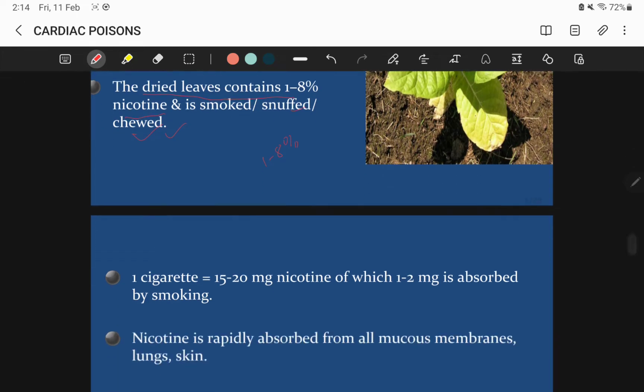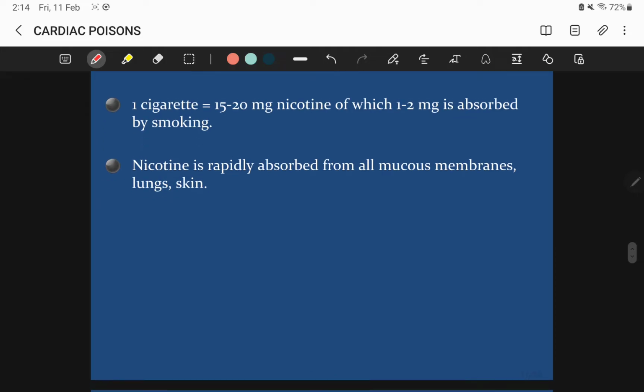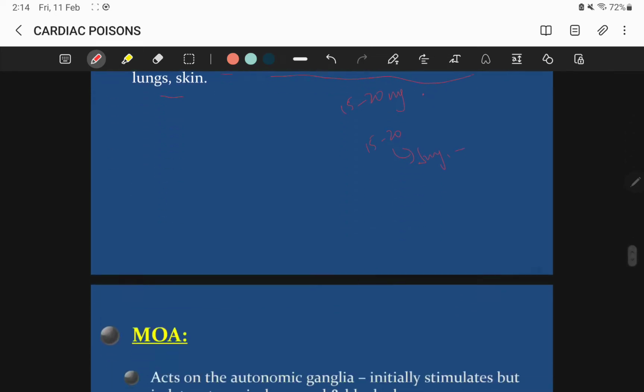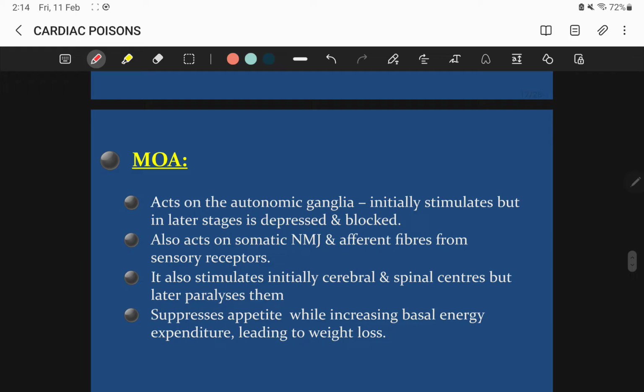One cigarette has about 15 to 20 milligrams of nicotine, out of which only 1 milligram is absorbed by smoking. Nicotine is rapidly absorbed from all mucous membranes, like the lung, and from skin.